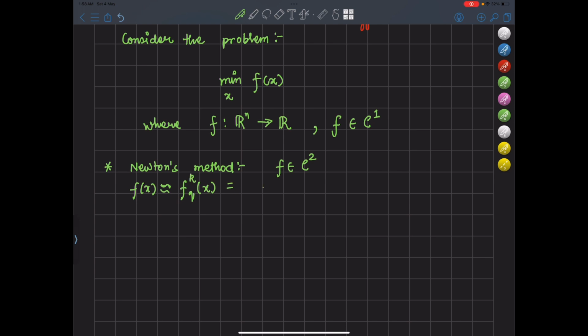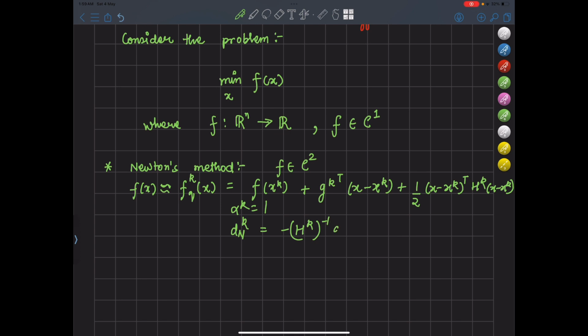given by f(xk) plus gk transpose (x minus xk) plus half (x minus xk) transpose hk (x minus xk). So this is the quadratic approximation, and through this we find the minimum of this quadratic function, which turns out to be with alpha k equal to 1 and dnk equal to minus hk inverse gk.